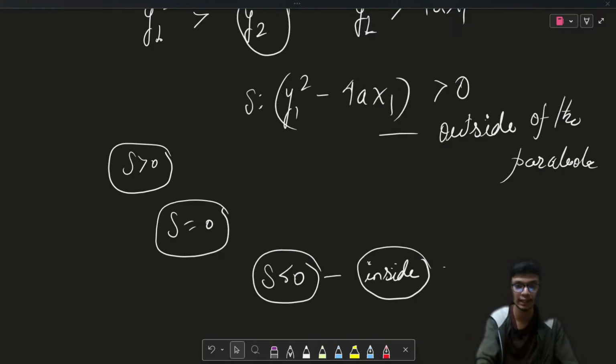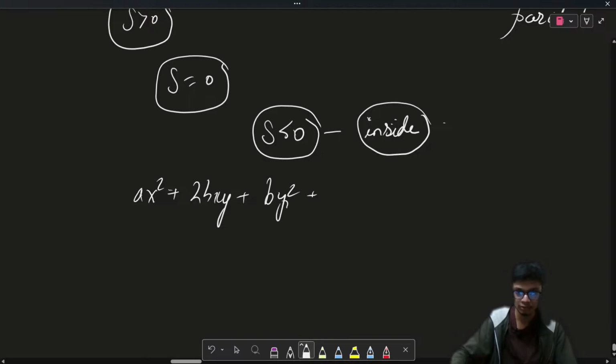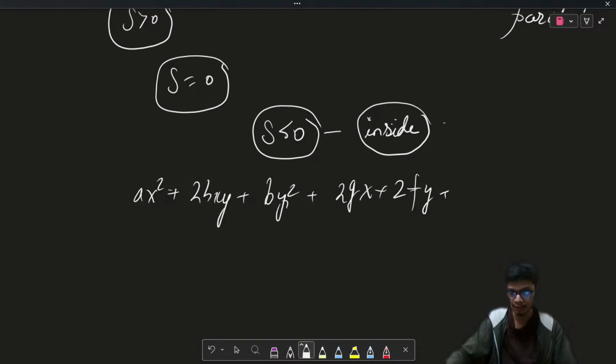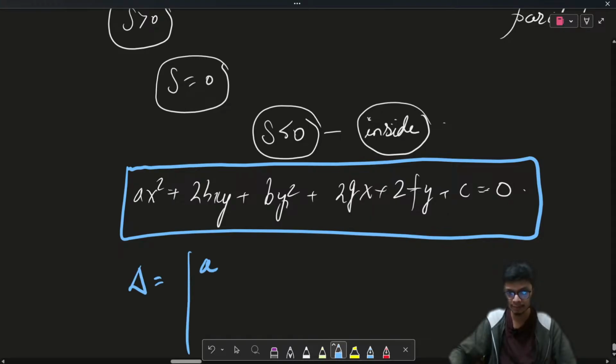For example, if you are given the general conic equation that we have studied, that is ax square plus 2hxy plus by square plus 2gx plus 2fy plus c equals 0, right? And from here we have also taken up one important parameter, that is delta, which is basically this determinant.